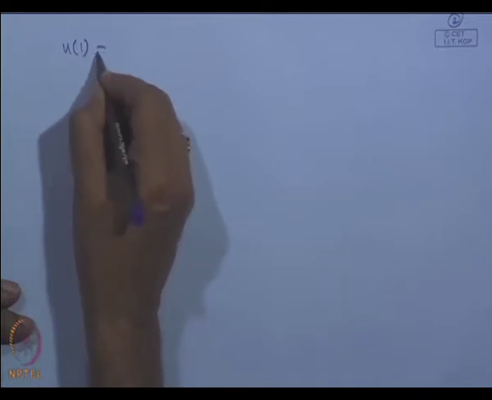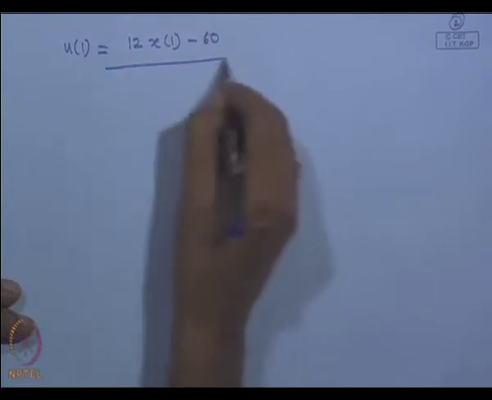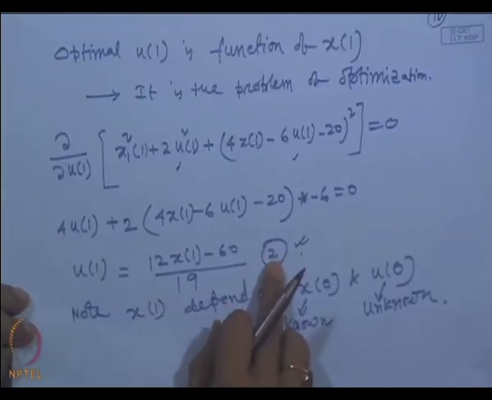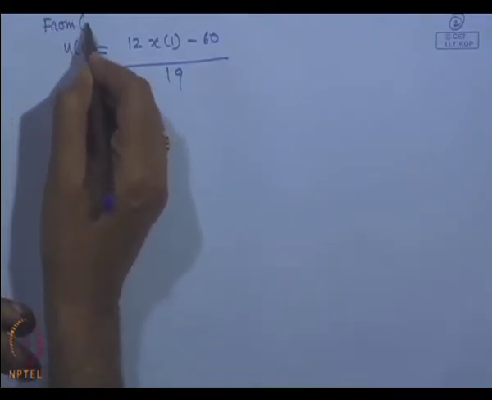Then we can find out u of 1. Look, this expression of u of 1 we calculated in the last class. If you see that u of 1 we have calculated in the last class, that u of 1 expression is nothing but 12 of x of 1 minus 60 divided by 19. From equation 2 you can write it.